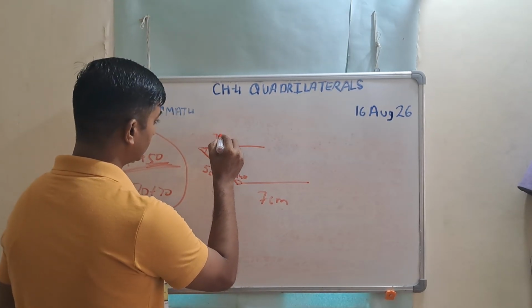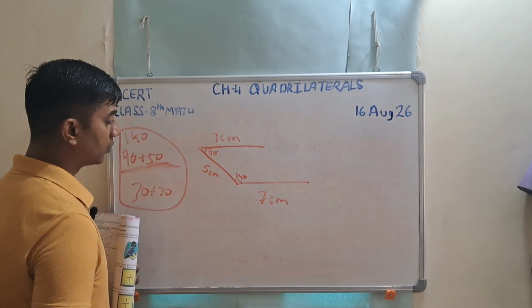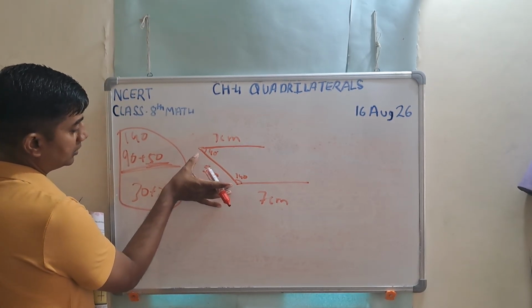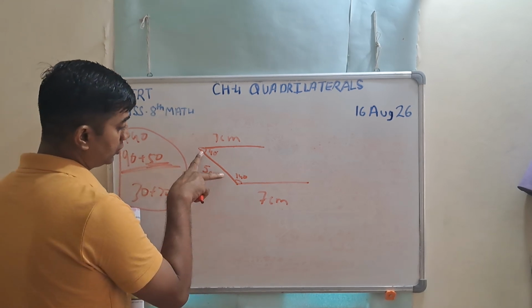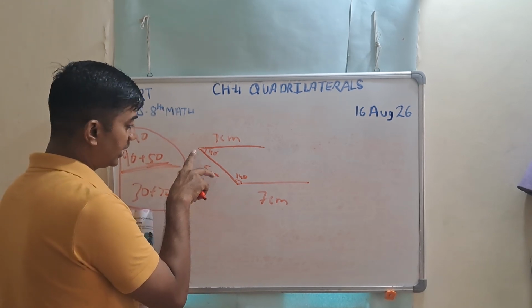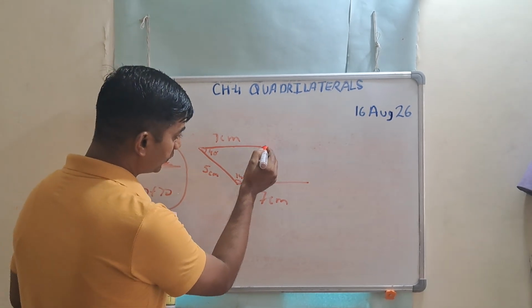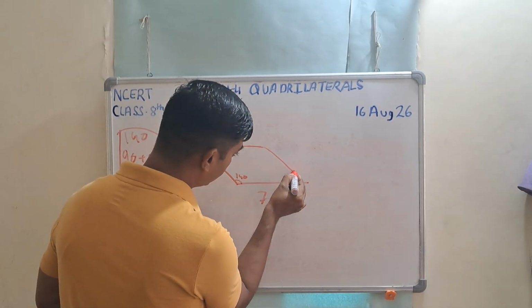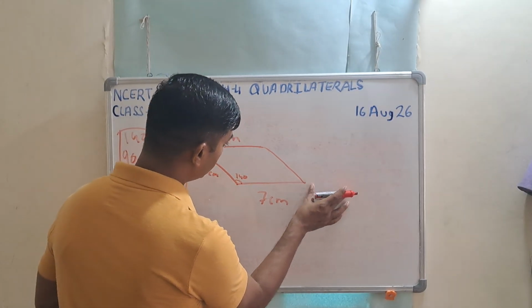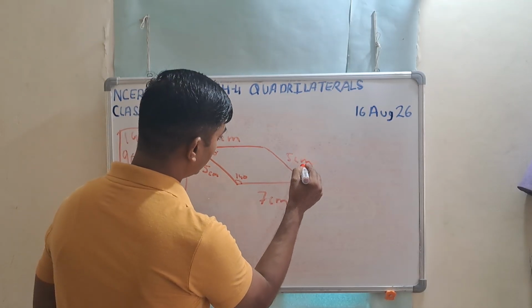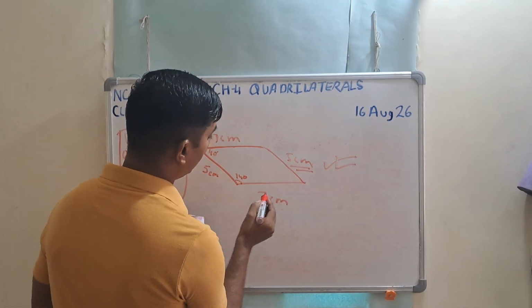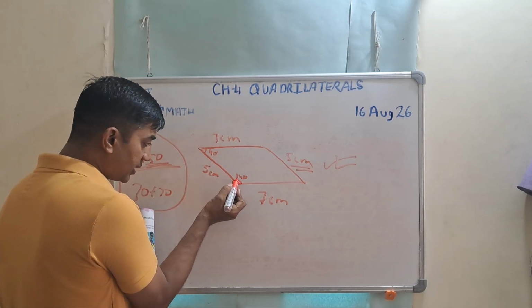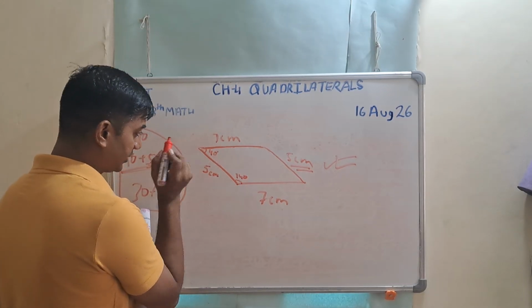This is again 7 centimeter. Now with the help of your scale, you can check yourself. You measure this point and this point. If this distance comes exactly 5 centimeter, it means your diagram is correct. If it deviates from 5 centimeter, it means you have made some mistake in taking this angle and this angle.